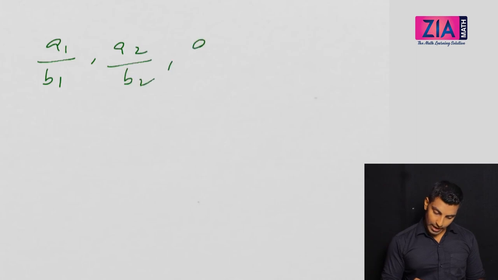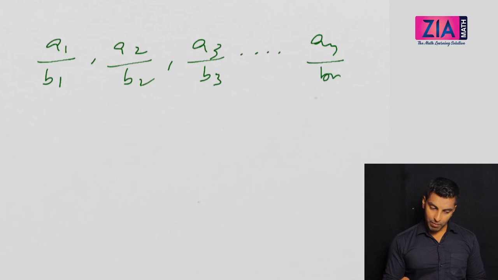Now another property is, if you have some unequal fractions, some ratios, all are not equal, like a1 by b1, a2 by b2, a3 by b3, up to an by bn, and these are unequal fractions.